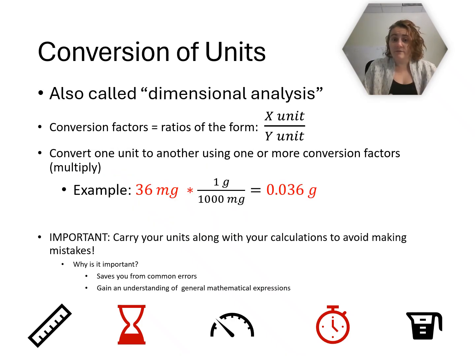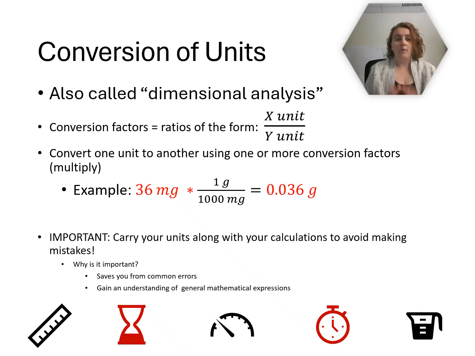We do conversion of units. Sometimes we hear it called conversion, but sometimes it's also called dimensional analysis. If you open up a textbook, many times dimensional analysis is the term that's used. When we convert things, we use what are called conversion factors. They are ratios, basically, of one unit to another: x of one unit and y of another unit. When you divide the two in a ratio, that is a conversion factor.